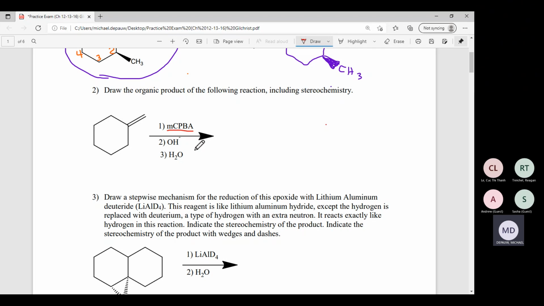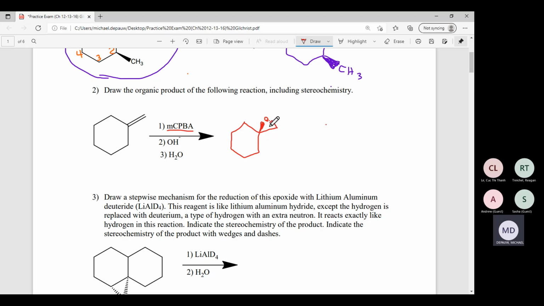Whenever you have a peroxy acid and an alkene, you should be thinking epoxide. So the first part of this product is going to be this. You're going to get this cyclohexane with, instead of a double bond attached to it, an epoxide.